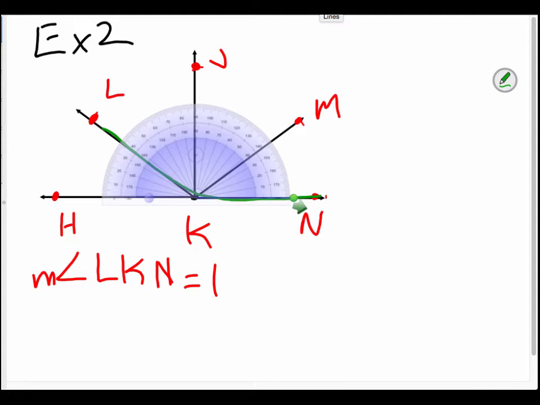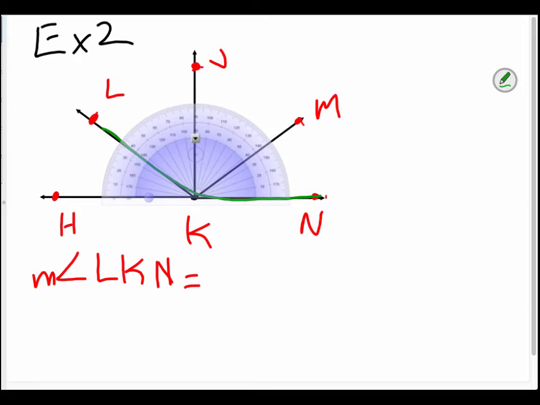Well, how do I do that? Yeah, I could use the protractor, but I gotta know which number set to use.